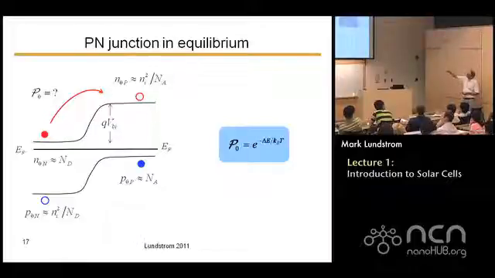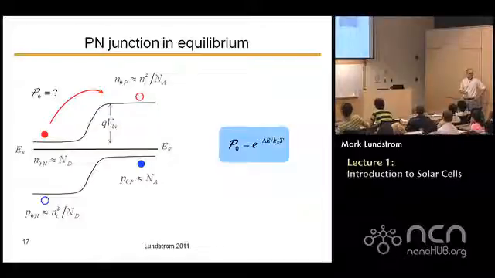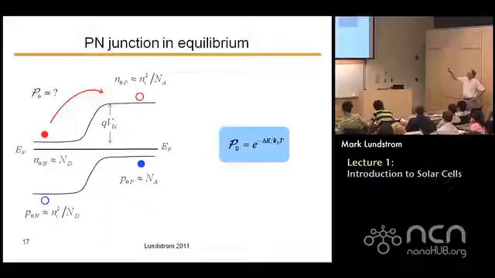In this case, the barrier height is that Q times VBI. So the probability that an electron will get over that is e to the minus 40, because VBI is about 1 electron volt. Very small. But a few of them will get over there, a few of them will drop down, just enough to balance everything out and keep it all in equilibrium.